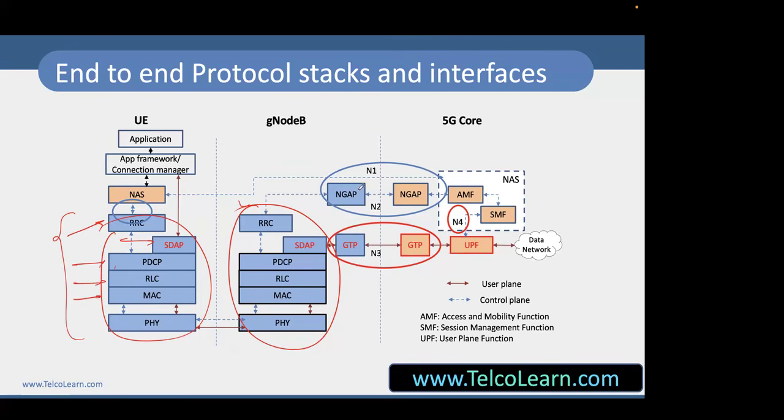However, the communication between gNodeB and AMF, which is the N2 interface, happens over the NGAP protocol, and the N3 interface happens over the GTP-U protocol. We talk about all the protocols and procedures related to these interfaces. In addition to that, we have an interface between SMF and UPF called the N4 interface, which is used to inform the UPF about all the packet detection rules.